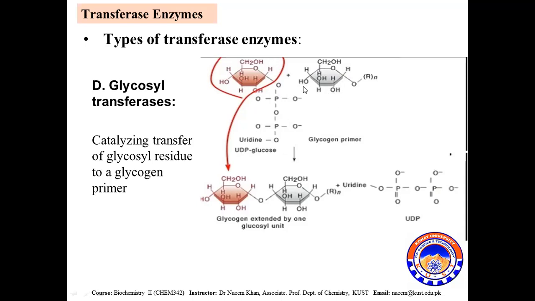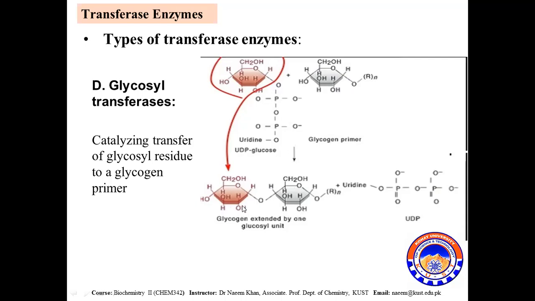Here this exposed end is available, and when UDP glucose reacts with the glycogen primer, the glycosyl residue is transferred and combined with carbon number 4 of the attached primer end, the growing end.